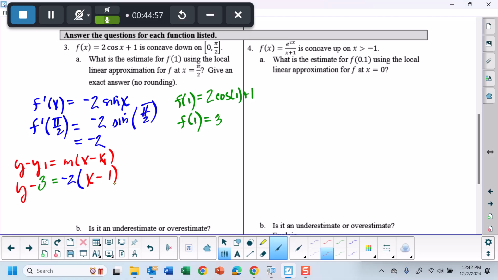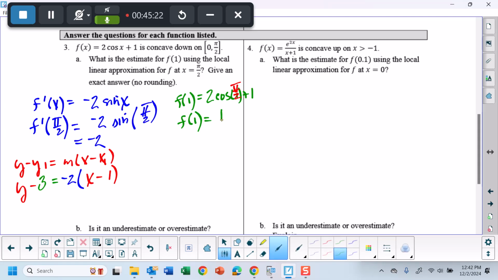Cosine of pi over 2. Oh, wait. Why did I plug in 1 here? It's pi over 2. Right? So the cosine of pi over 2 is 0. So 0 plus 1 is 1.